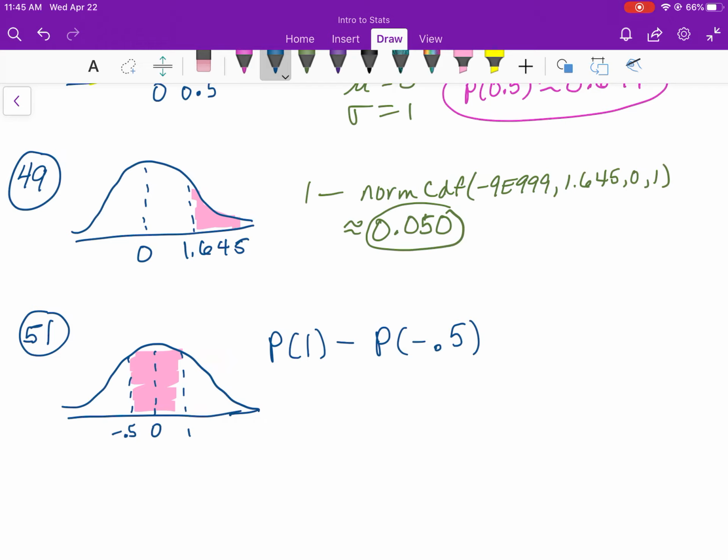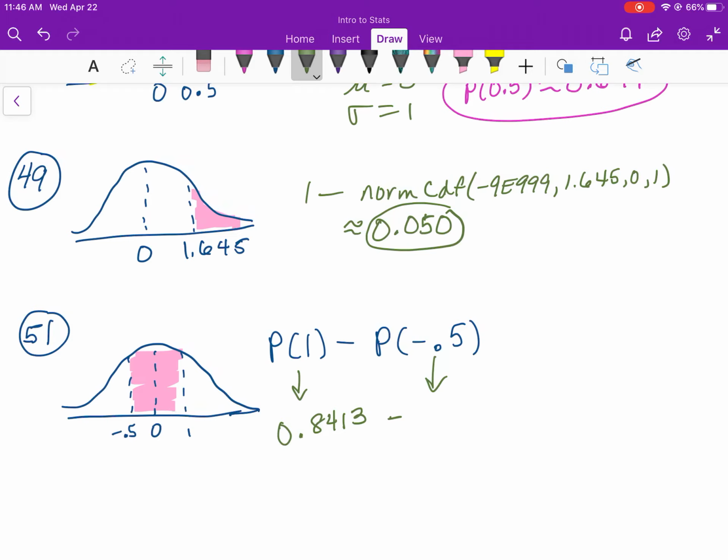Okay, so I'm going to go to my calculator and find the area first for 1. So menu 552, leave the lower bound alone, upper bound is 1, tab, and that is 0.8413. I'm going to round that to 4 decimal places because I want to ultimately take my answer to 3. And I'm going to do the same thing.